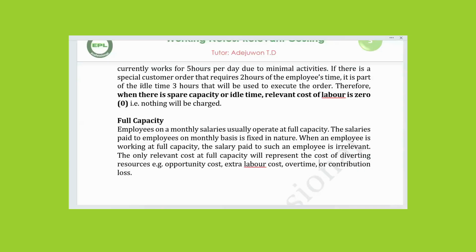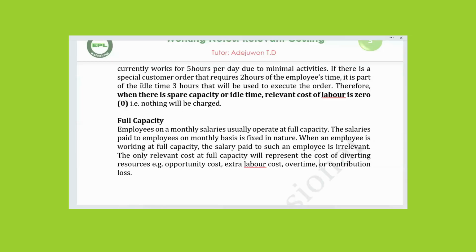Opportunity cost or contribution loss, they are very similar, but when you see the scenario, you will know which one is more appropriate. You can interchange it. You can either call it opportunity cost or contribution loss. Usually, if the examiner wants you to use contribution loss, you may be given information that relates to sales and the variable cost, whereby you'll be able to determine the difference between the two, which is contribution.